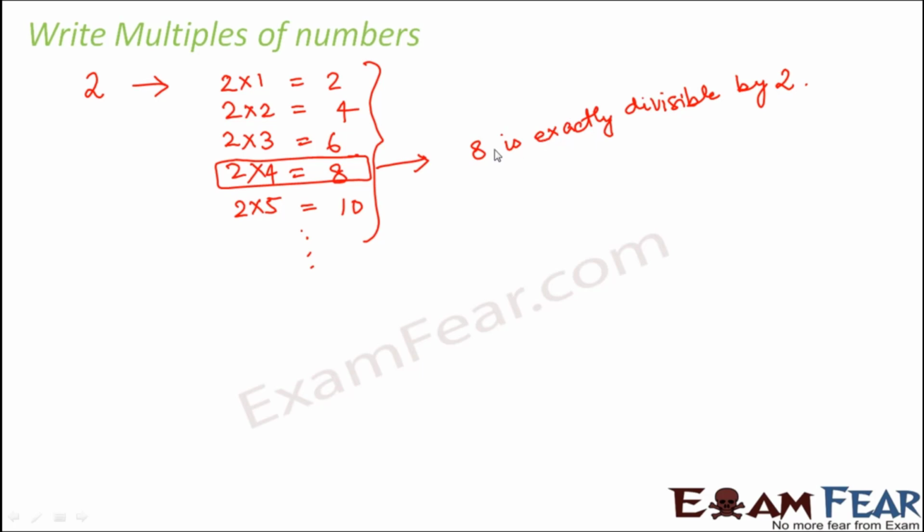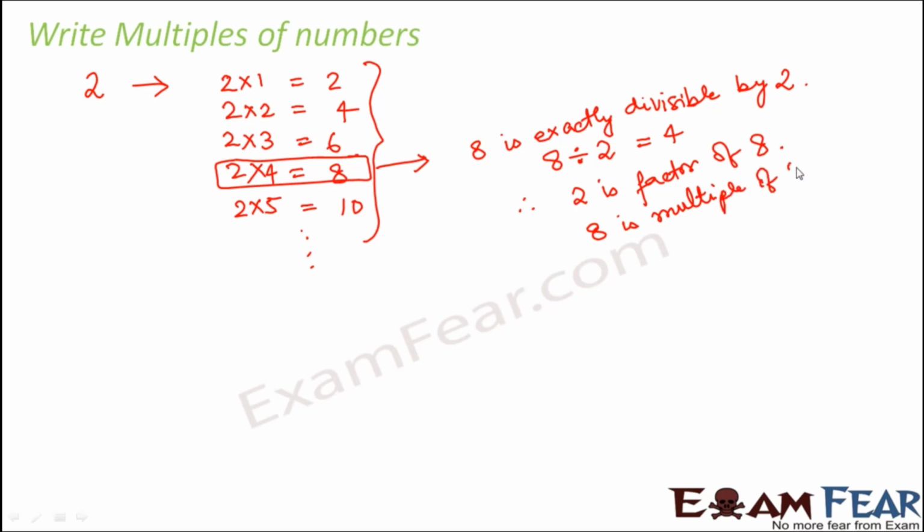Now since 8 is exactly divisible by 2, if you divide 8 by 2, what will you get? You get 4. So that means that 2 is a factor of 8 and it also means that 8 is a multiple of 2. So that is the simple concept of factors and multiples.